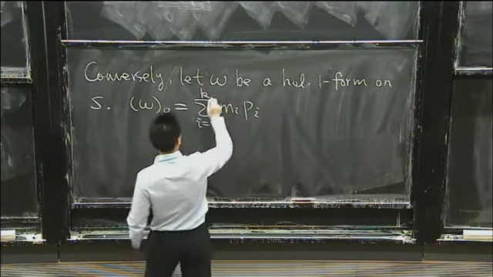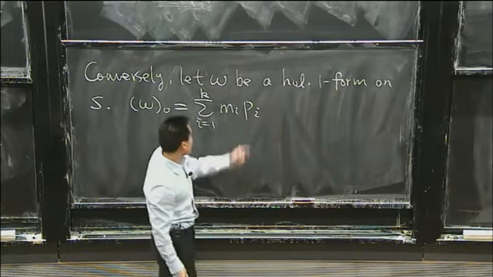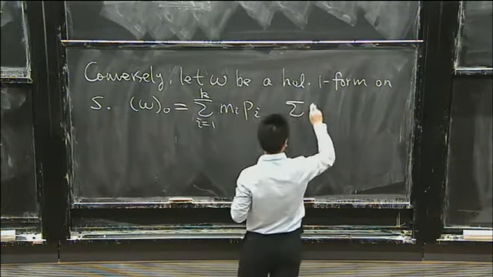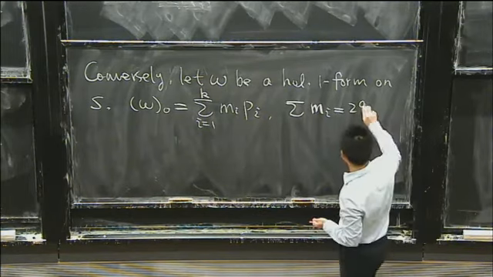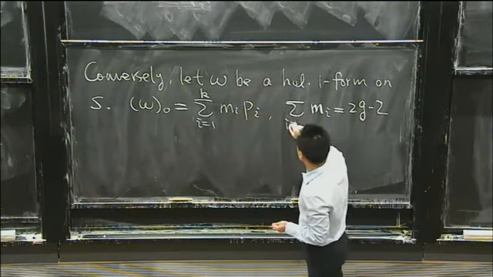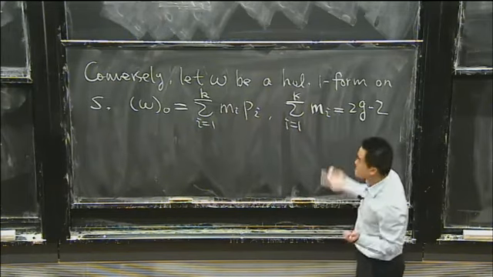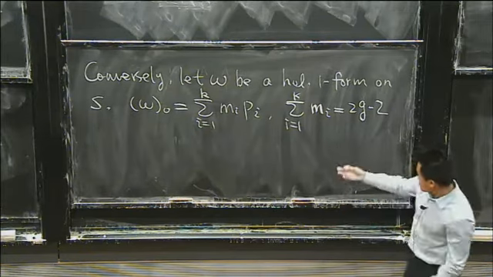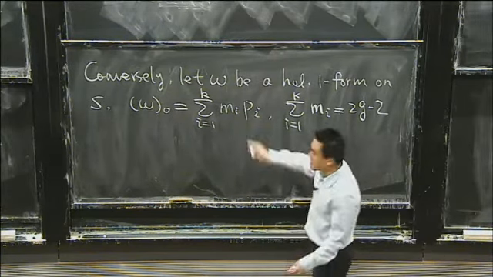Suppose omega has k distinct zeros at P1 up to Pk. Each Pi has vanishing order Mi. And the total sum of those Mi should be equal to the degree of the canonical line bundle, which is 2g minus 2. Okay? That's my setting. We take some one form of a special zero type, like that. So the Mi are positive integers, the Pi are distinct.